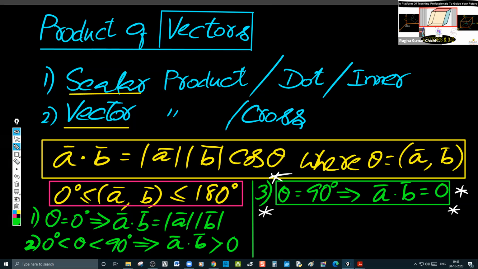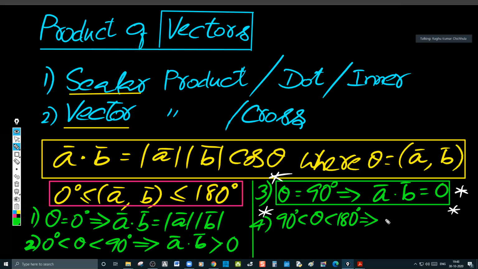Now let me understand the 4th case from our darling Pranit. That is, 90 degrees is less than theta, less than 180 degrees.